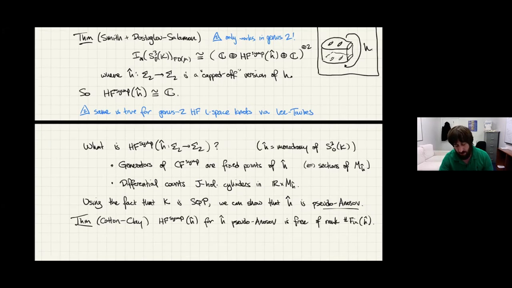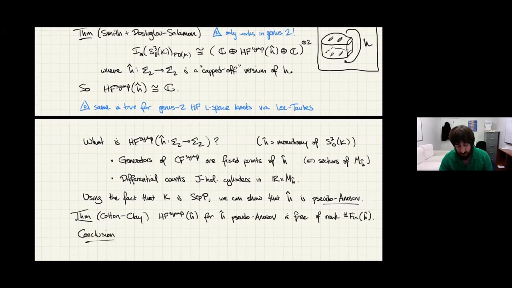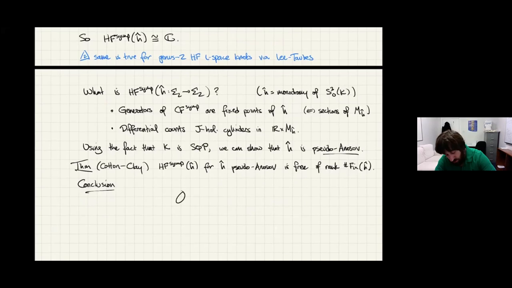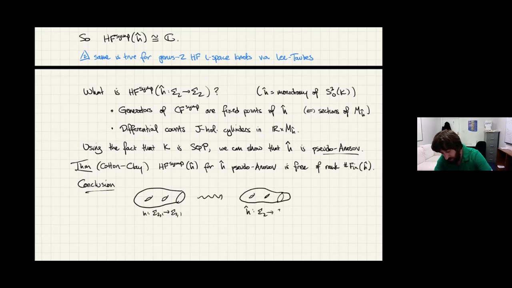Okay, and so the conclusion we get, well, let me draw a picture. So we had our monodromy H, which lives on a punctured genus 2 surface. We fill it in to get a closed surface with this capped off monodromy. Okay, and we saw that, first of all, there's going to be a point on this.